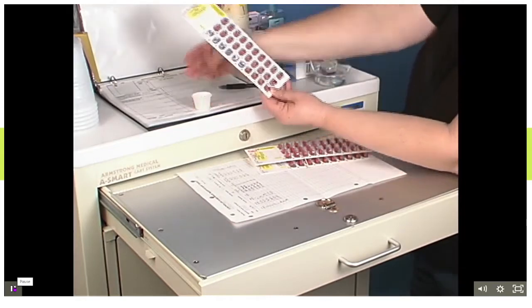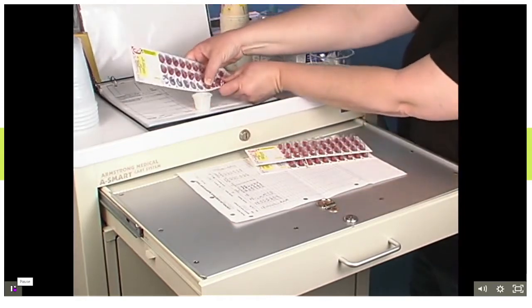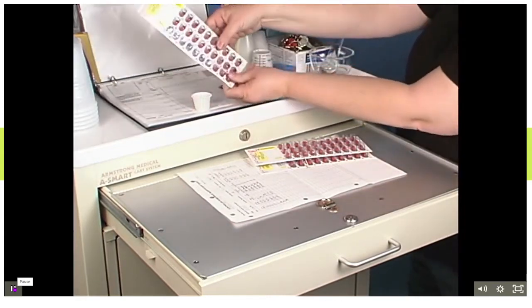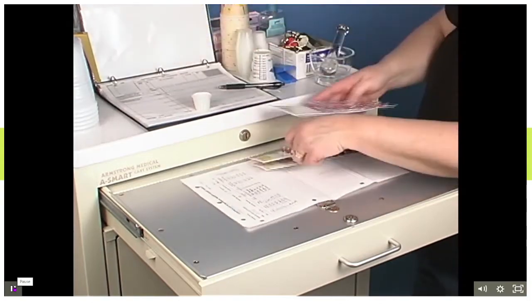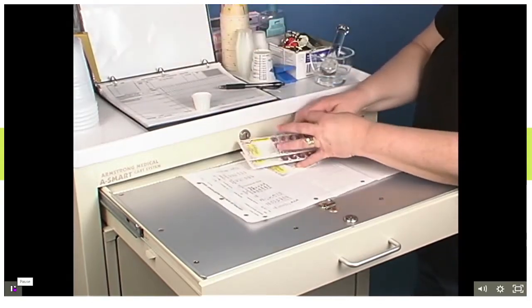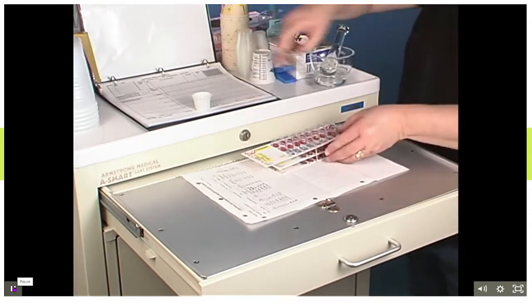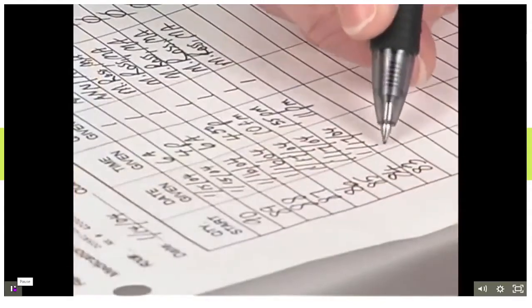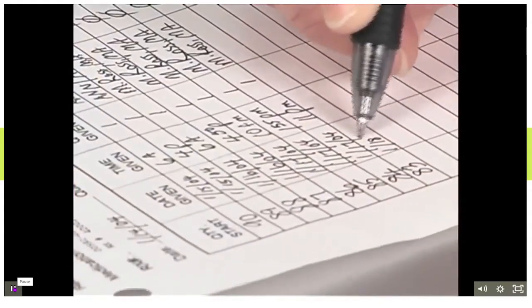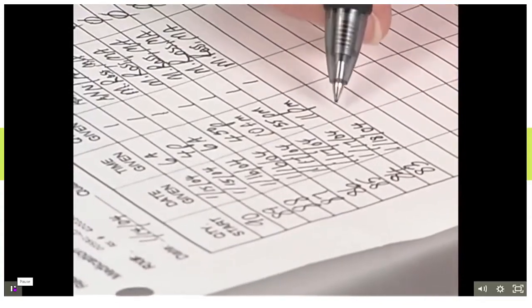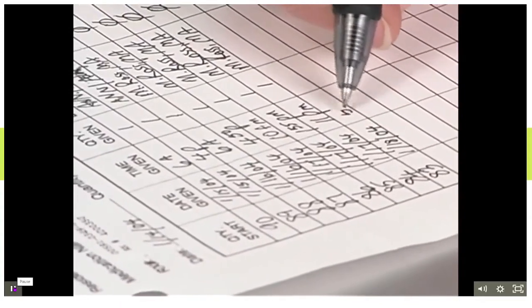Remove the needed number of pills and place them in a paper medication cup. Document the number of pills you removed on the controlled substance sheet, completing all required information, including signing your name.